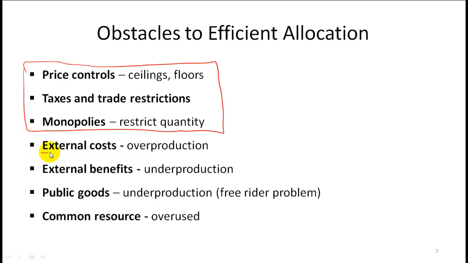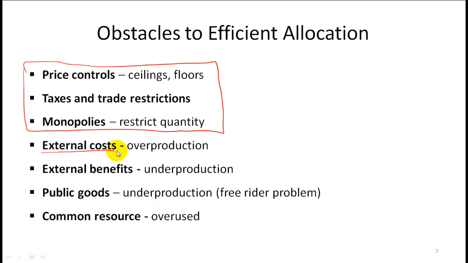External costs are costs that are incurred by somebody other than the entity producing. So for example, let's take a pharmaceutical company. If the pharmaceutical company is producing medicines, but they are also creating a lot of pollution and dumping the pollution in the river, who is bearing the cost of pollution?